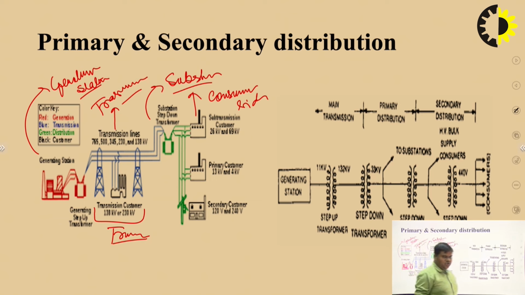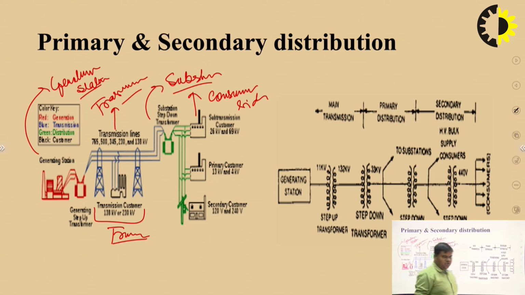If we see the primary and secondary distribution, the distribution system starts with 11 kV and 13 kV voltage levels, which are directly distributed to industries and heavy loads like railway traction, as well as industrial or commercial loads.